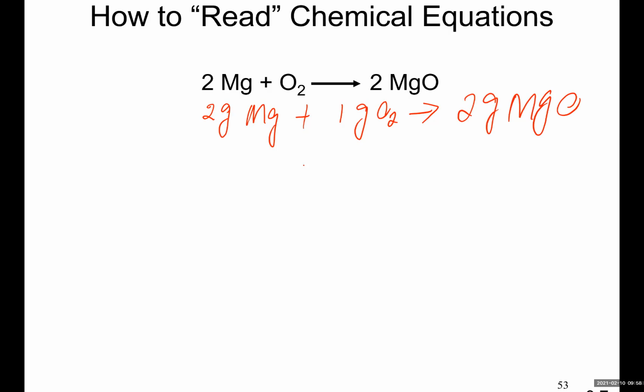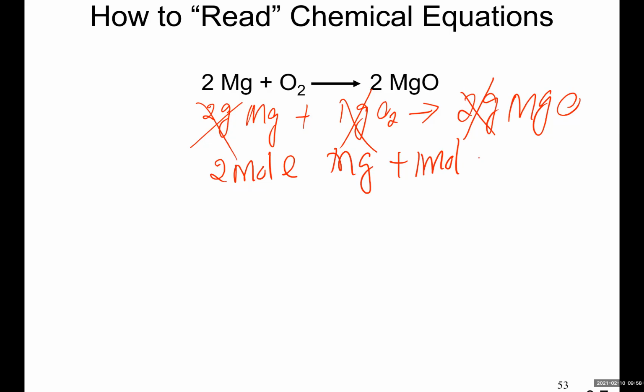The keyword in chemistry is not grams, it's moles. 2 moles of Mg reacts with 1 mole of O2 to give you 2 moles of MgO.